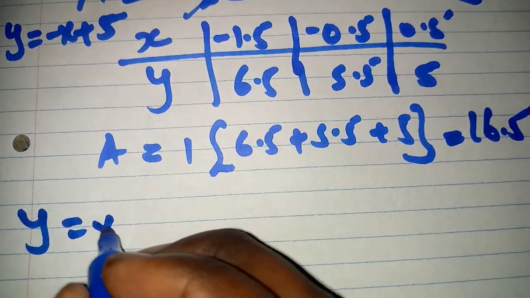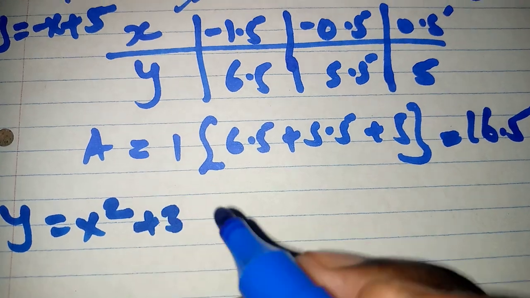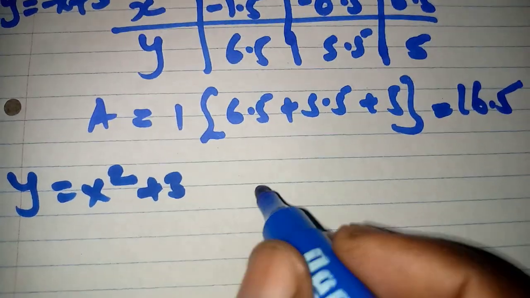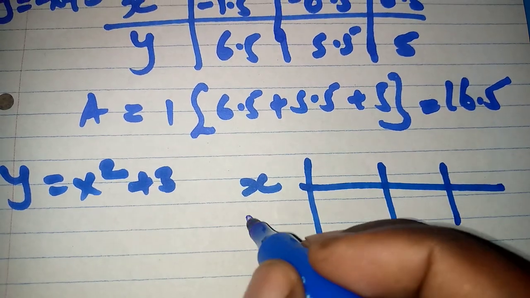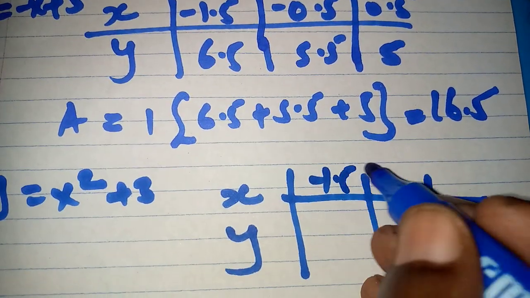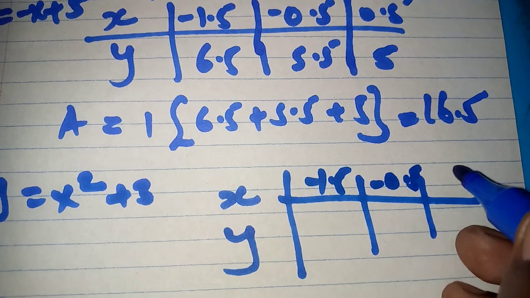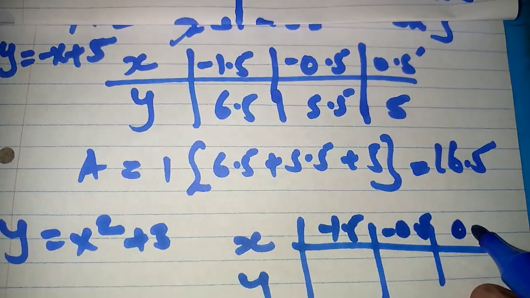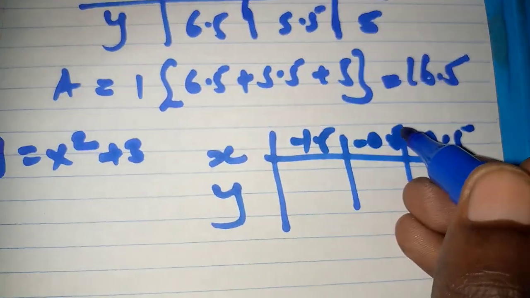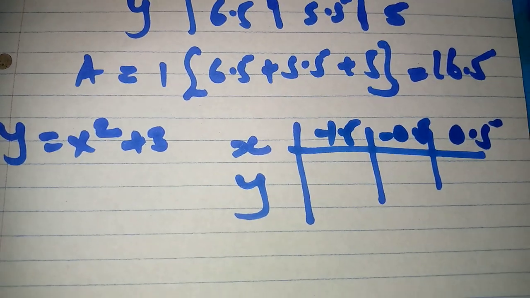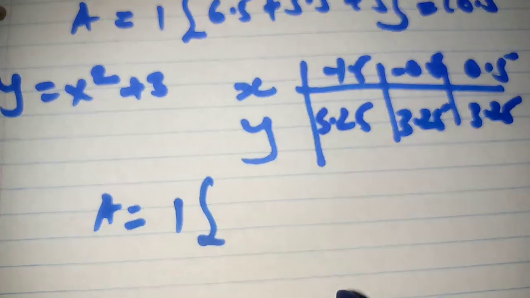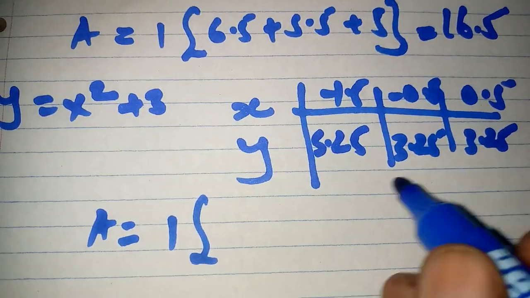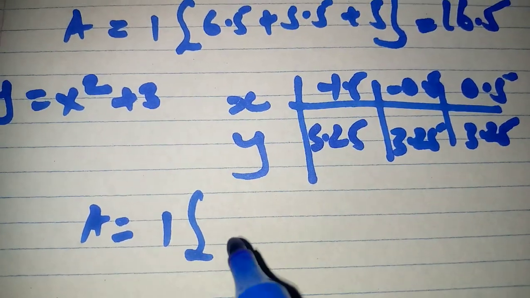For y is equals to x squared plus 3, then I generate again the values of x and y, negative 1.5, negative 0.5, and 0.5, generating the values. So I've generated the values of y for this function, combining them by addition.